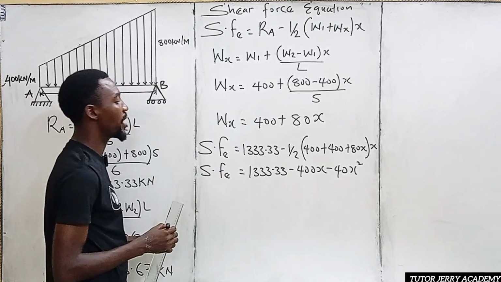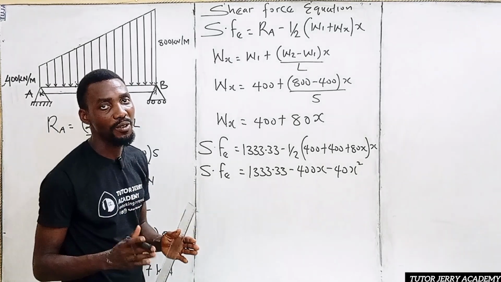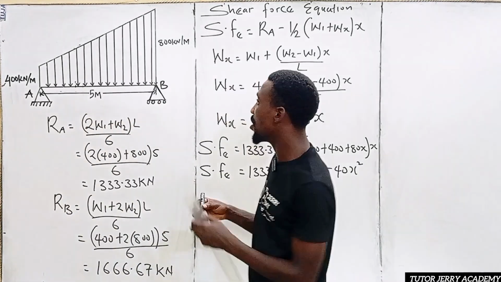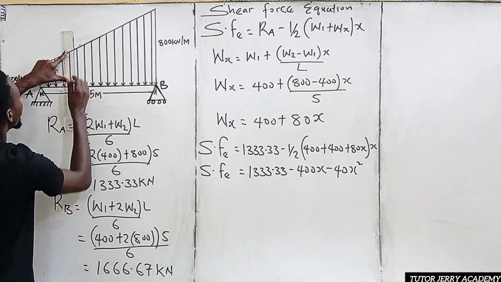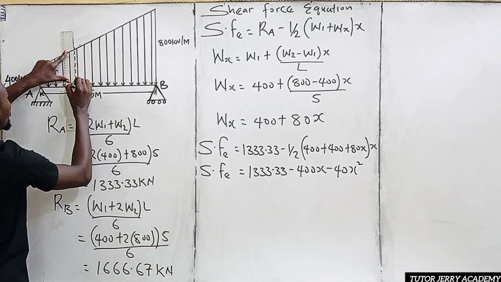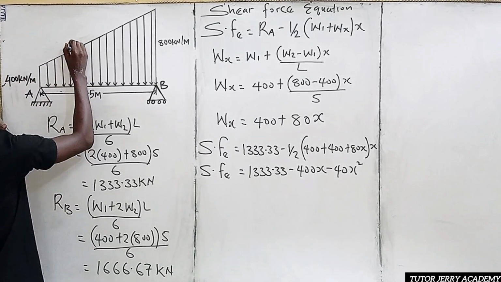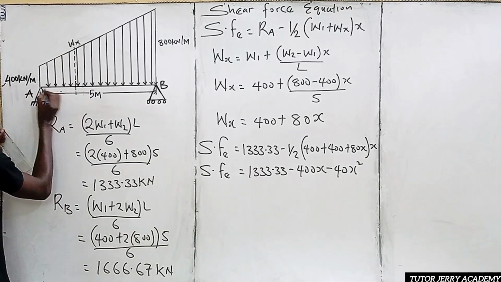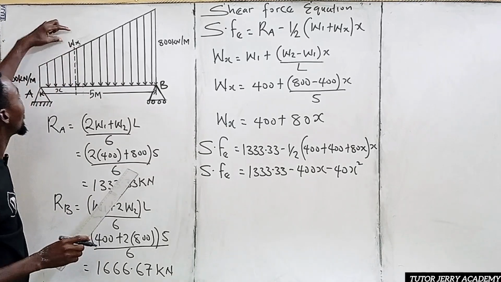Now we are going to use this shear force equation to get the shear force at each point. If you section this trapezoidal load at this point, we call this W subscript S, and the distance from here to here is S. This is where we come about our WS.